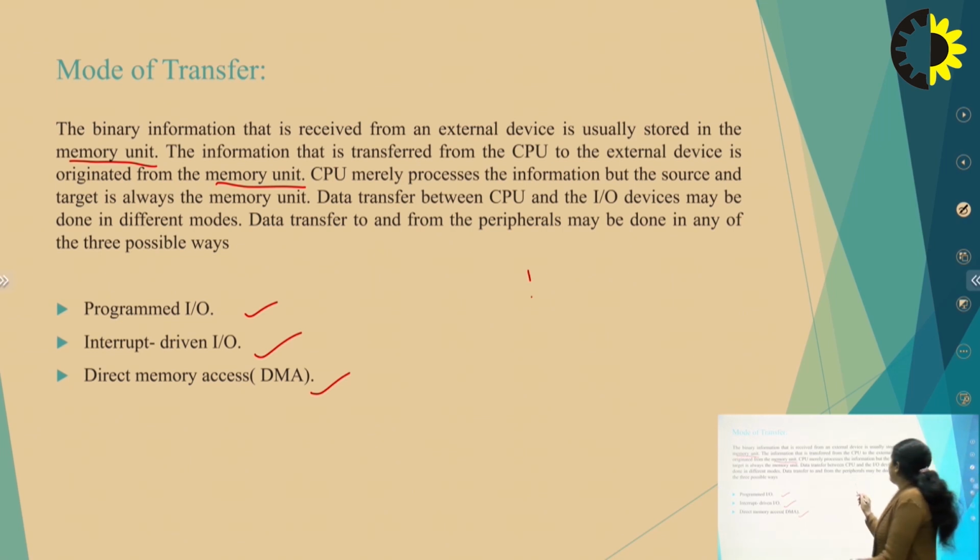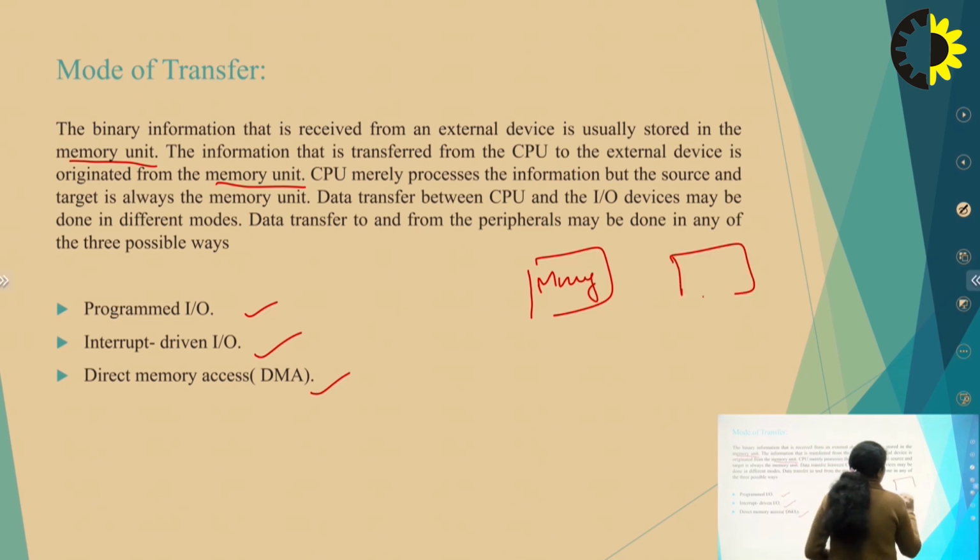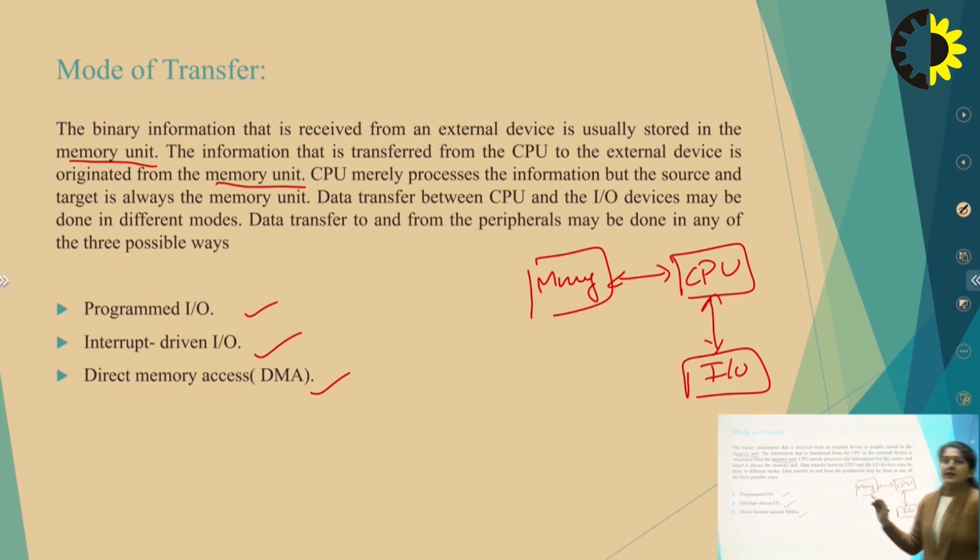So, if this is our memory, this is our CPU, and this is our input-output device. If the input-output device and memory unit want to communicate with each other, the CPU is an intermediate between them.